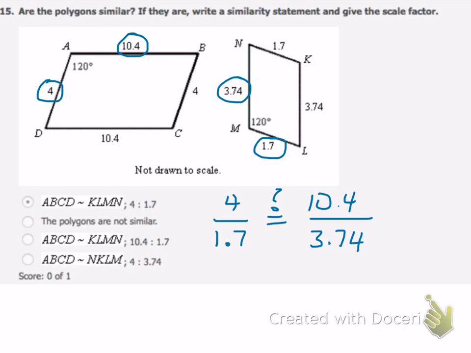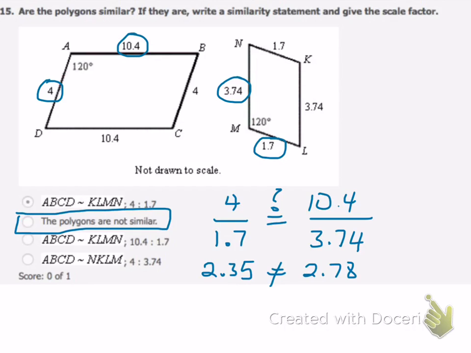It may be obvious to you at this point that these aren't equal. 4 divided by 1.7 is approximately 2.35, and 10.4 divided by 3.74 is approximately 2.78, and because these two things are not equal to each other, these two polygons are not similar.